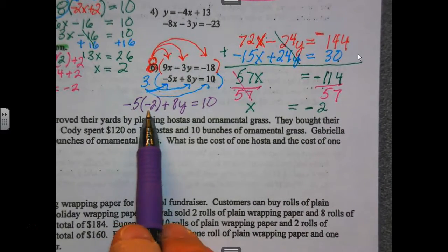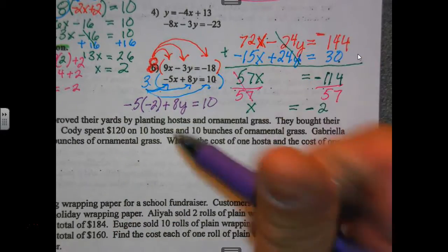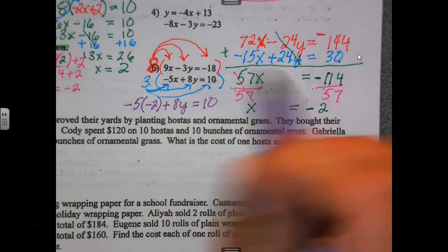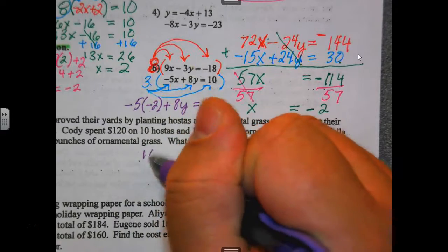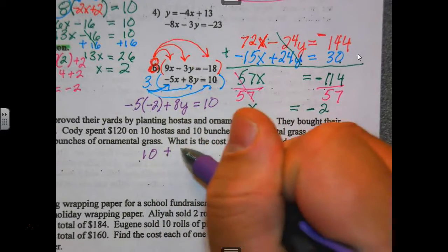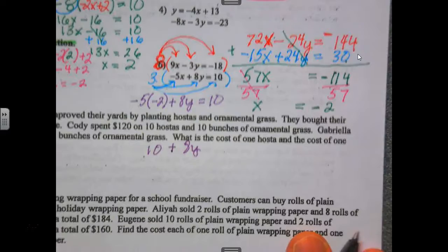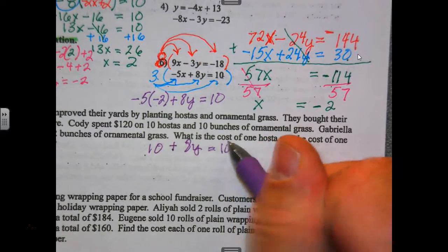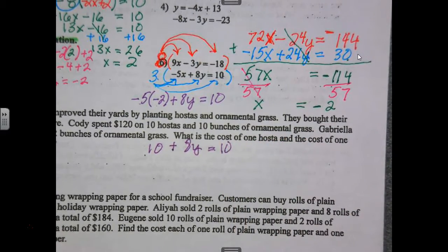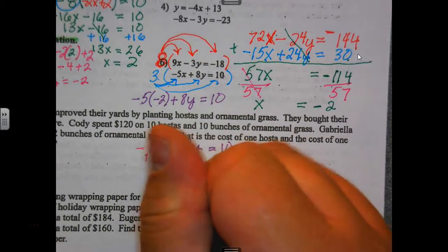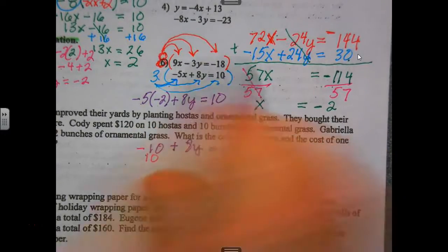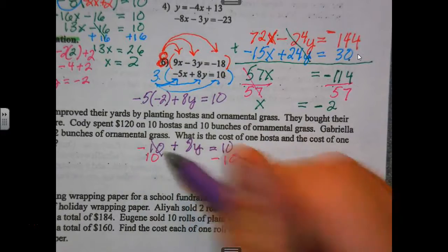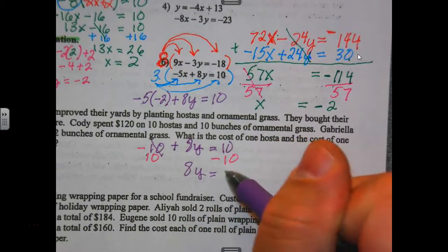Negative 5 times negative 2, positive 10, plus 8y equals 10. I'm going to subtract 10 from each side. I get 8y equals 0.